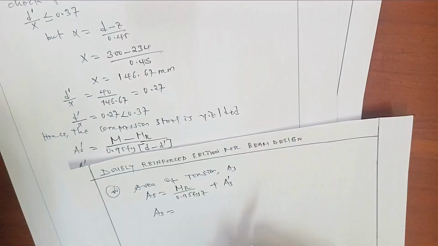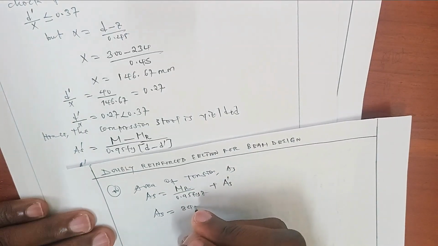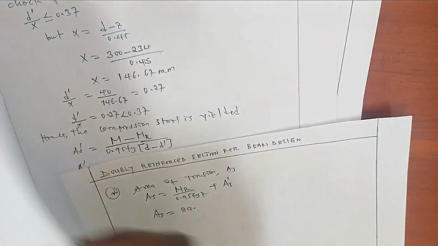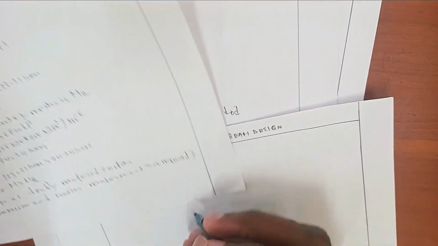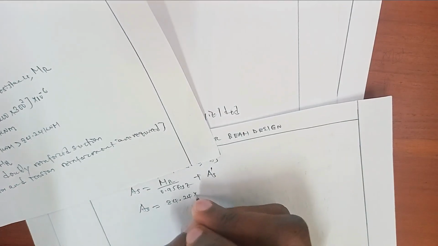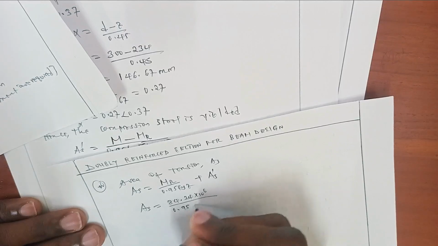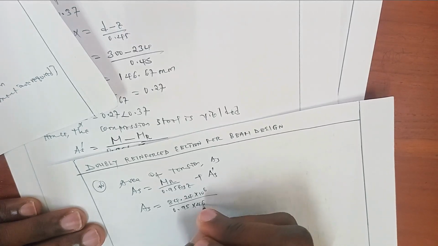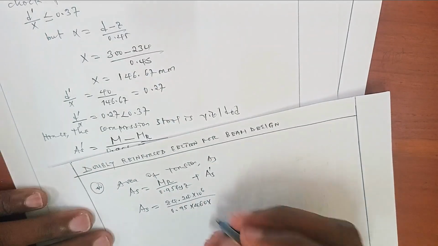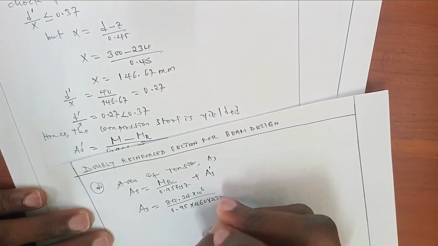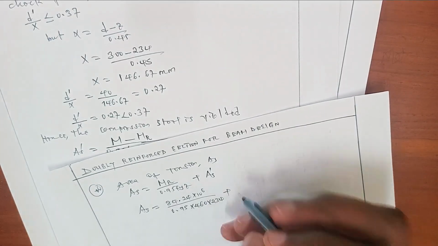Therefore, area of tension will be equal to ultimate moment of resistance, which is 84.24 times 10 to the power 6, over 0.95 times Fy, which is 460, times Z. Z is 234, plus area of compression.